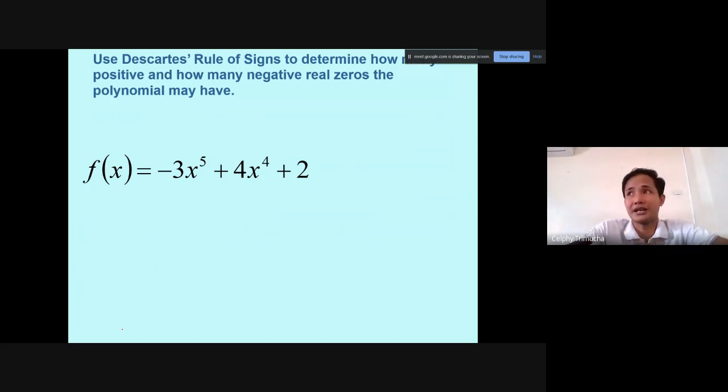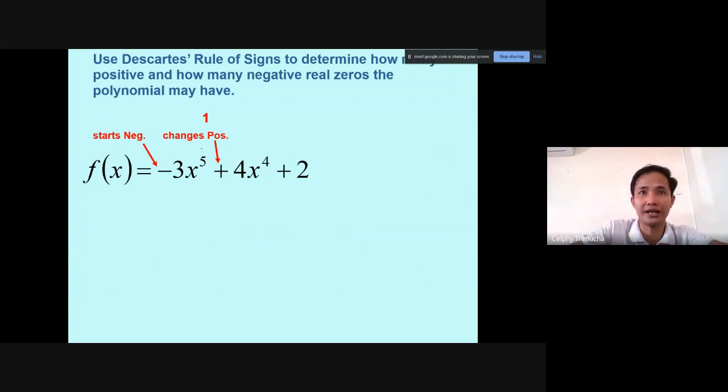Using Descartes' rule, determine how many positive and how many negative real zeros the polynomial may have. So we are given negative 3x to the fifth plus 4x to the fourth plus 2. So start with the first one. We have a first change.